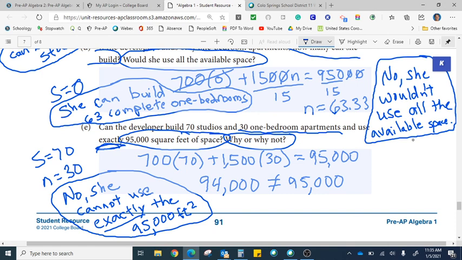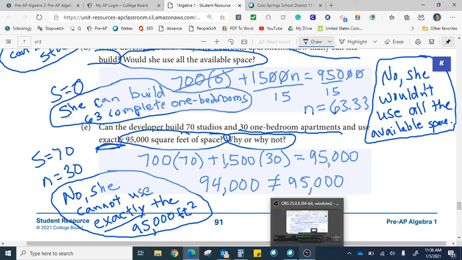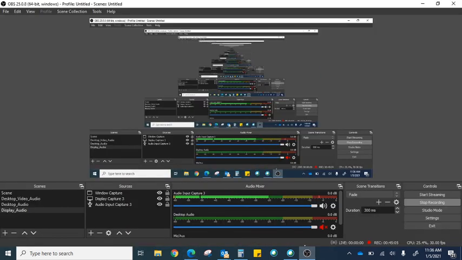Now, like I said, she could put in 700 square foot for another. She could put in another studio into that, so make it 71 studios, and that would get closer to it. It'd make it 94,700. There still would be 300 left over. Okay? That makes sense? We good to go? There you go, guys. That's it.